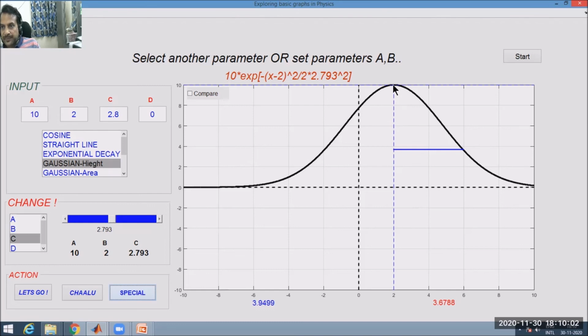At what value of x does the value of the function y become 10 by e? That is the 1 by e width. Here the width is 4, from x equal to 2 to about x equal to 6, and this is related to the parameter c. The importance of c is that at a distance of root 2 c from the center, the value of the function will drop to 1 by e of the maximum.